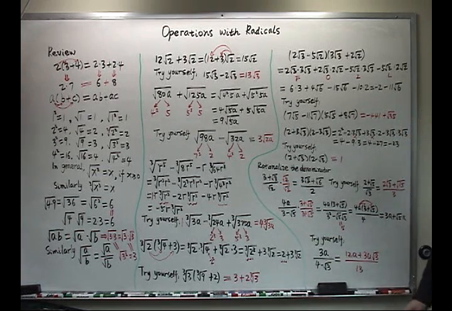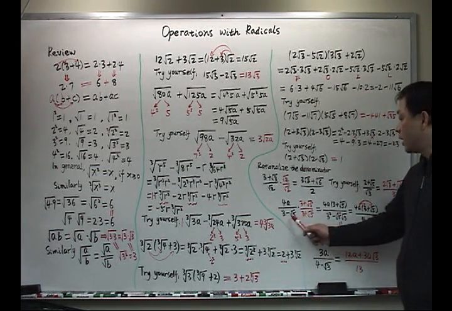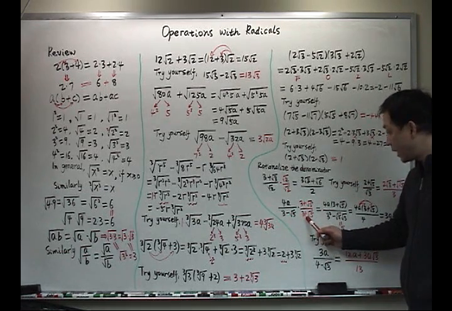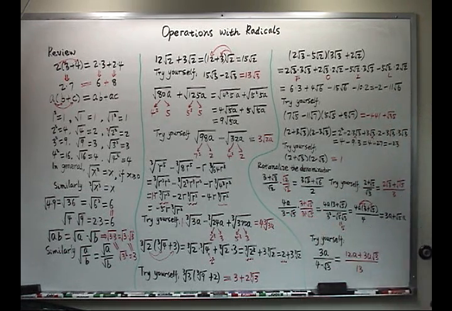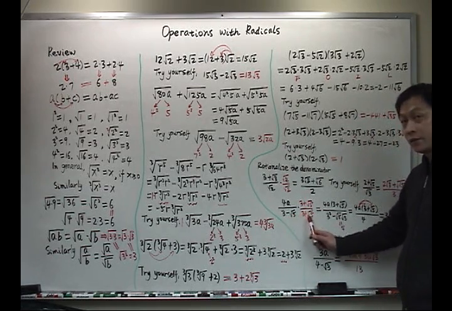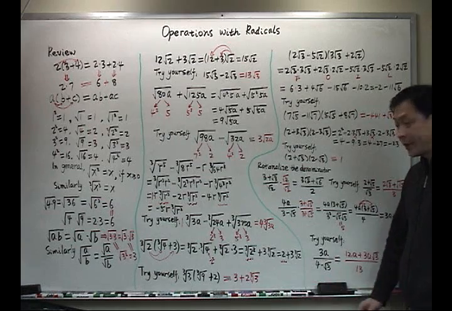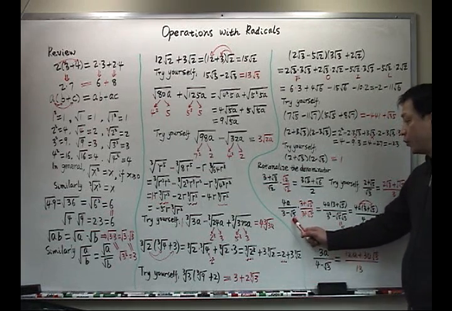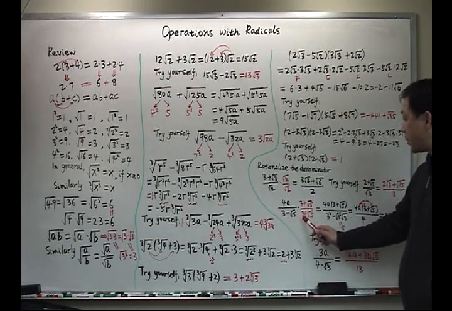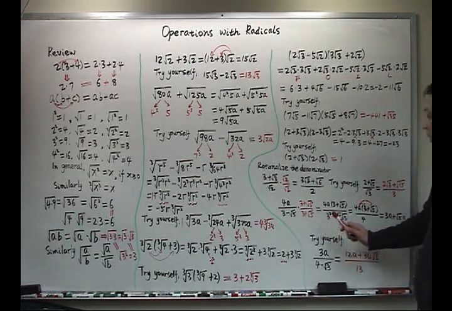The reason is that when you apply the FOIL method to the denominator, 3 minus √5 times 3 plus √5, the two middle terms cancel each other. So you have 3 times 3 gives you 3 squared.